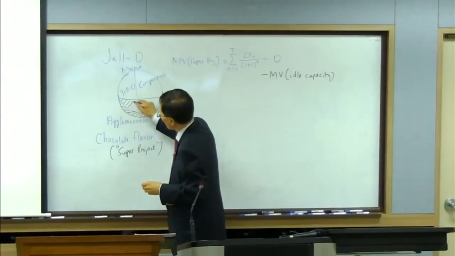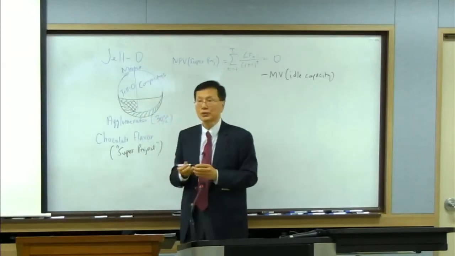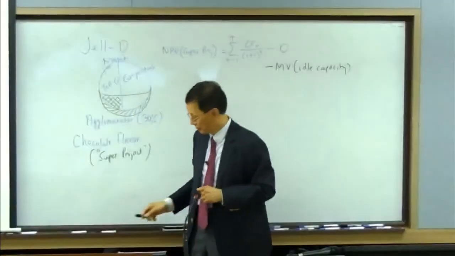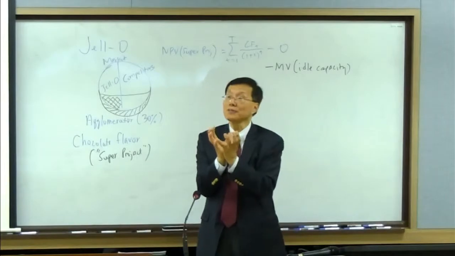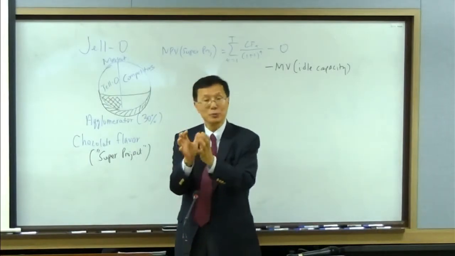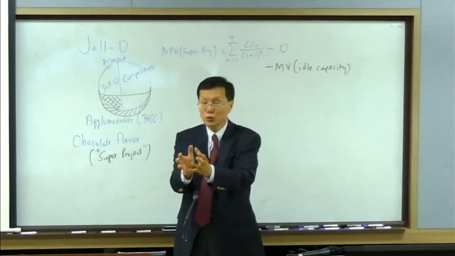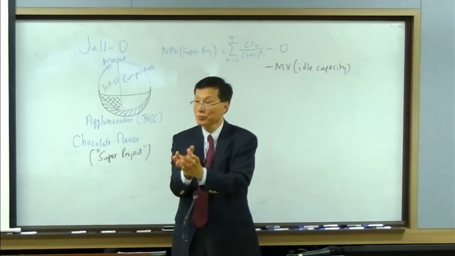So there will be loss of this much to the revenue of Jell-O. From the Jell-O division's point of view, there will be loss due to the acceptance of the project.